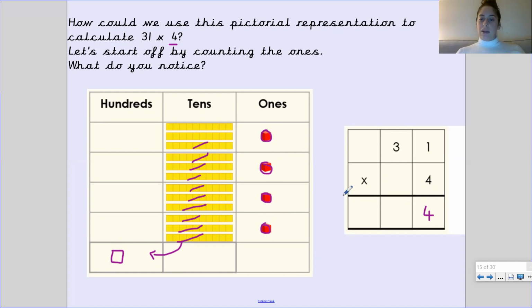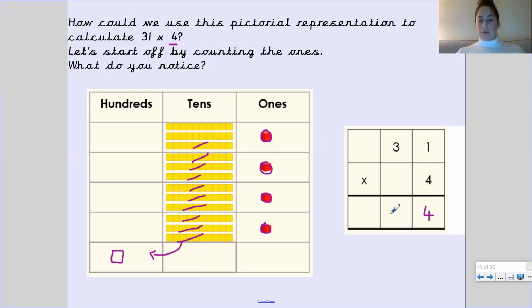So now let's have a look at how this would work if we were doing it in a column method. We've already done 4 times 1 to represent the 4 groups of 1. Now we want to do 4 times 3 or 4 times 30, which equals 120 or 12 tens.